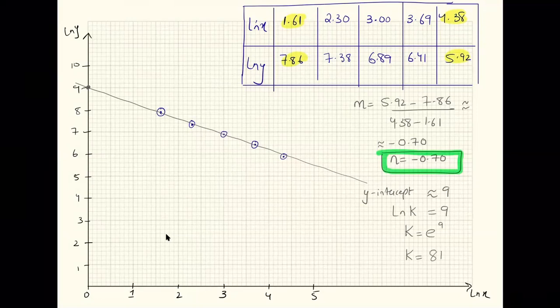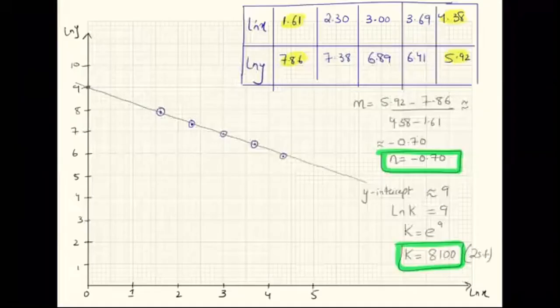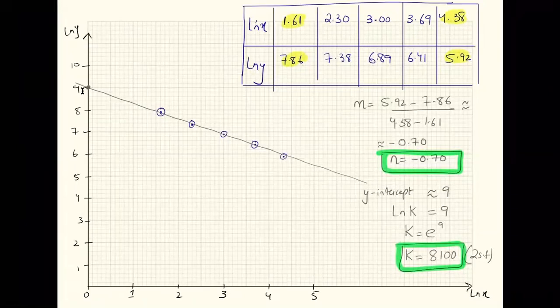So in two significant figures, it is going to be 8100. Is it clear? Yes, sir.